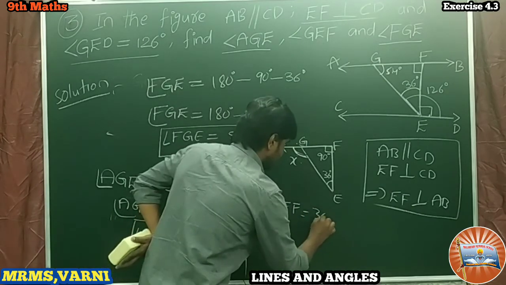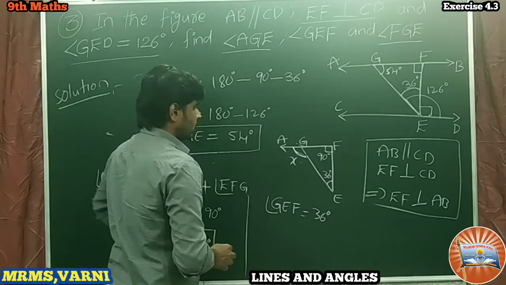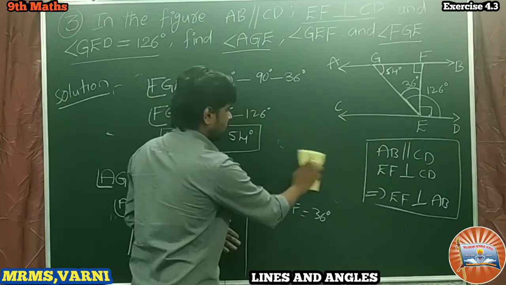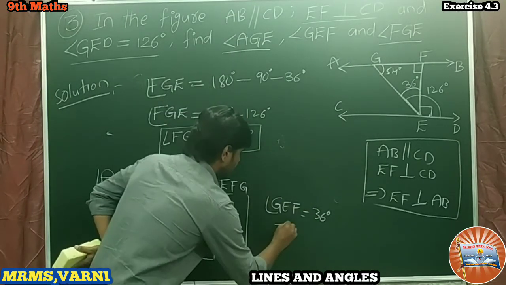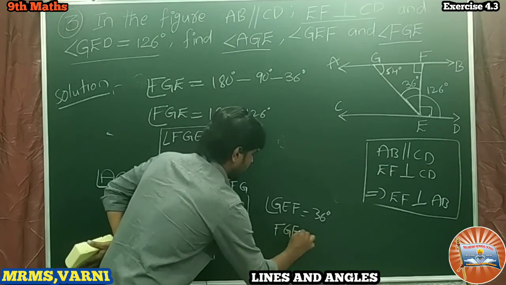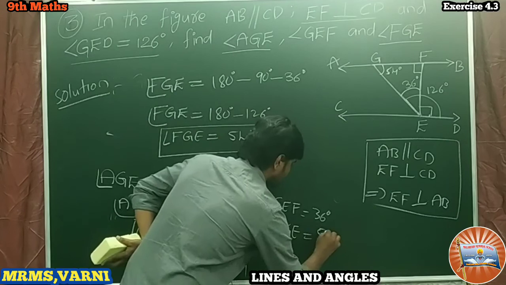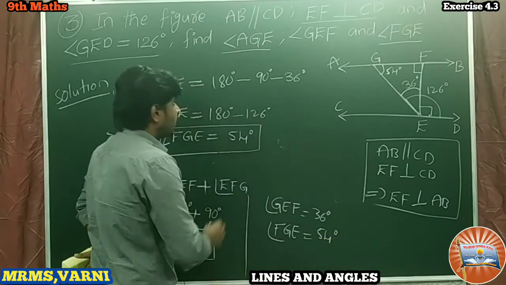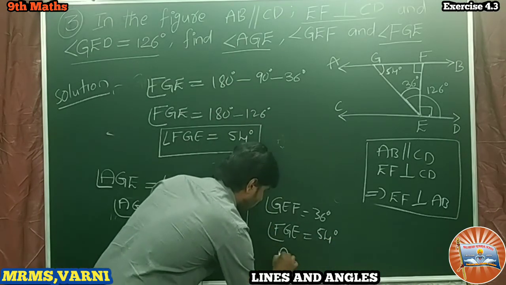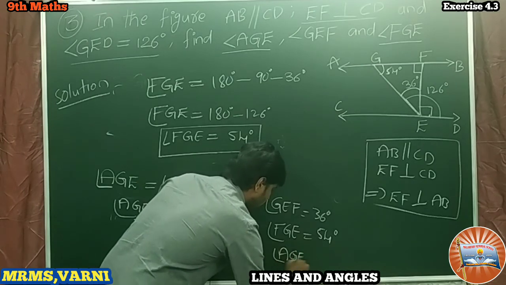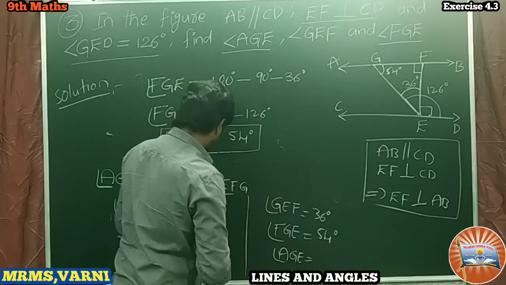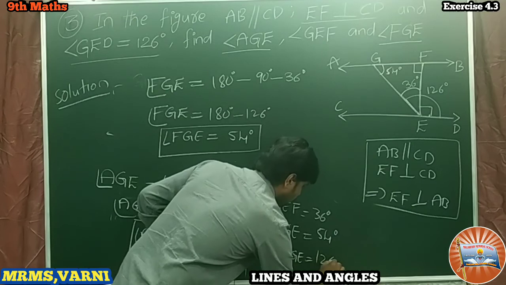GEF is 36 degrees, FGE is 54 degrees, and finally AGE is 126 degrees.